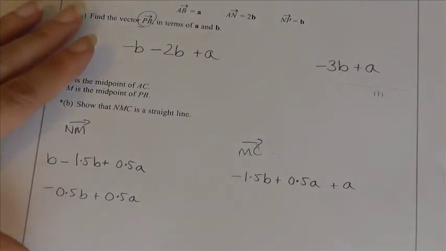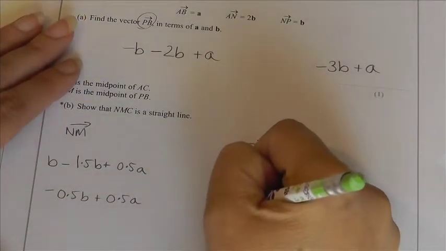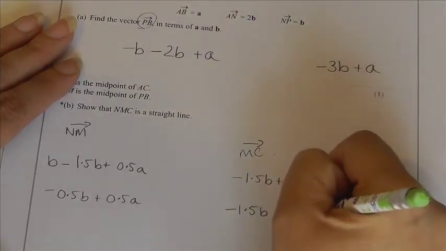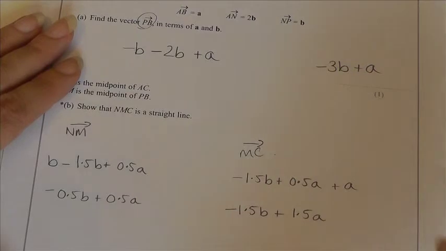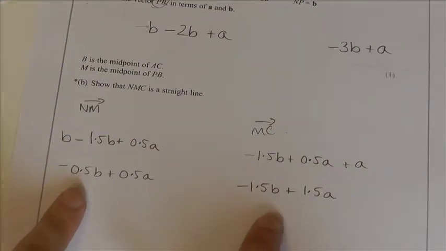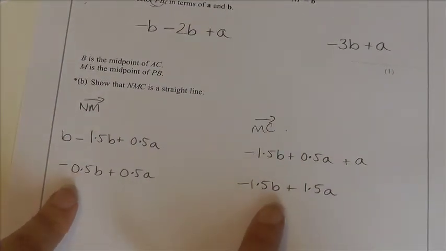Now if I look at this, when I tidy it up, I get -1.5B plus 1.5A. Now, if you look at these two vectors then, they are multiples of each other.